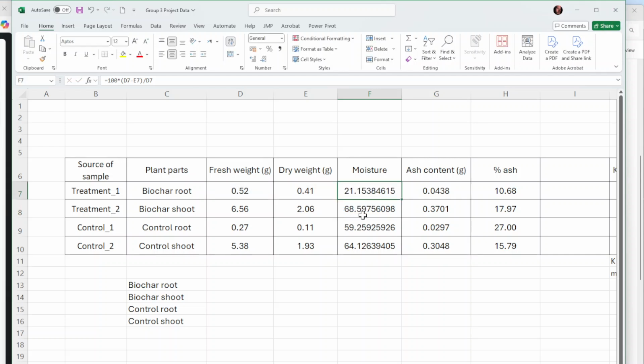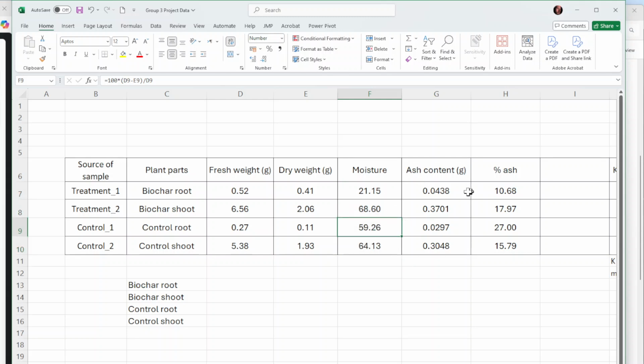So in this case here showing 21% for the first one, and I can just drag the formula by selecting the dark cross in the right lower corner, and I drag that down. Okay, and to lower the number of significant figures, I can click on this icon here, decrease decimal, and it will show me the percentage of moisture.